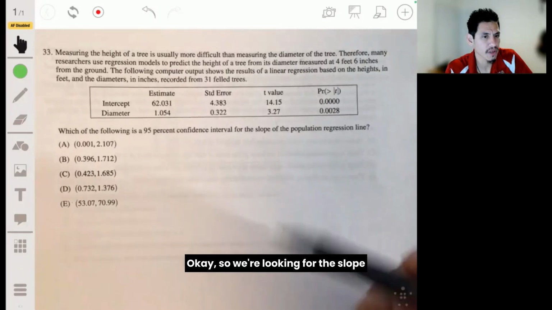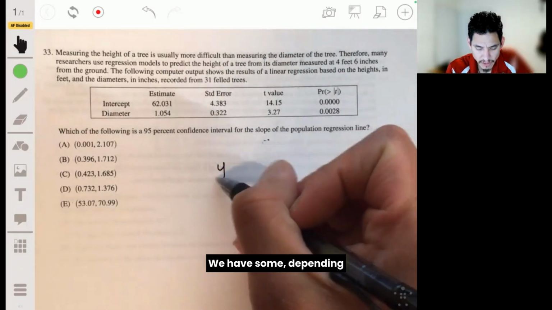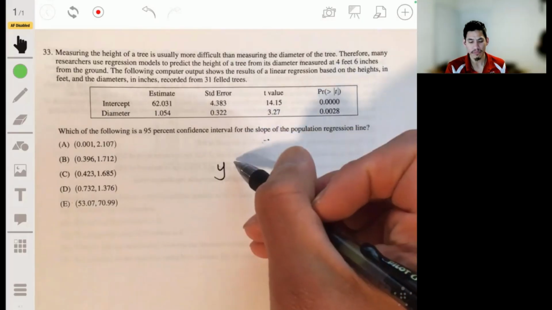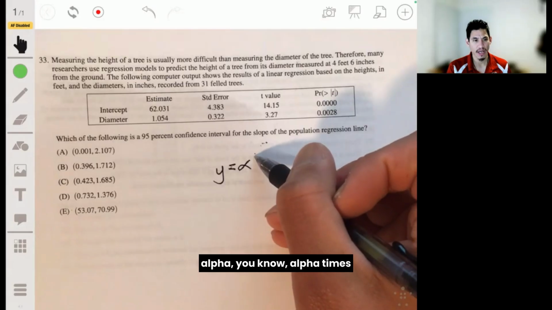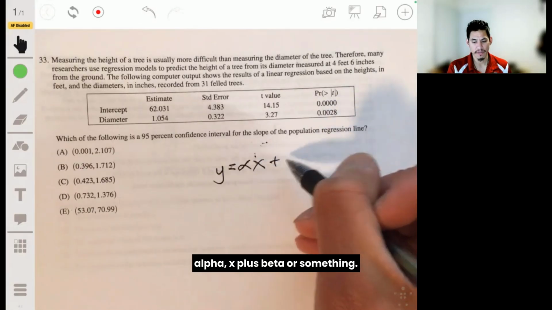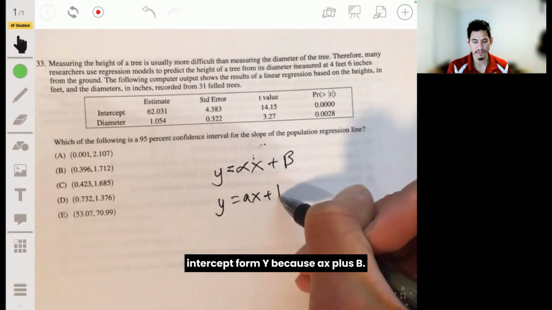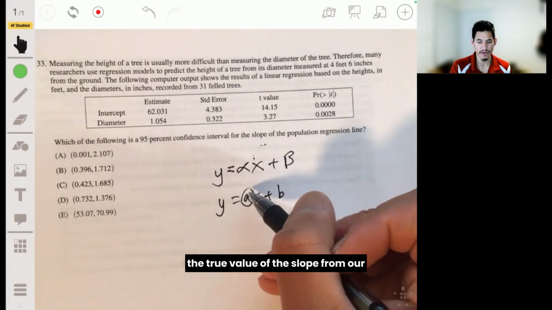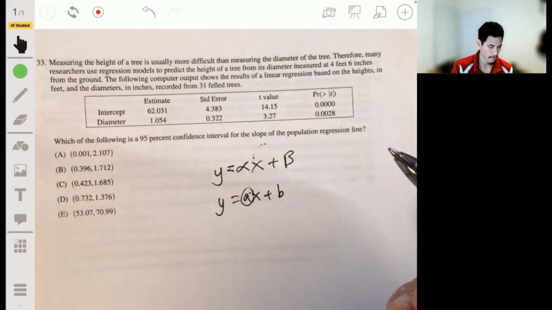Okay, so we're looking for the slope of the population regression line. Depending on the form in your textbook, you may have y equals alpha plus beta x or something. It's essentially just slope intercept form, y equals ax plus b. But we're trying to estimate a, the true value of the slope, from our sample.